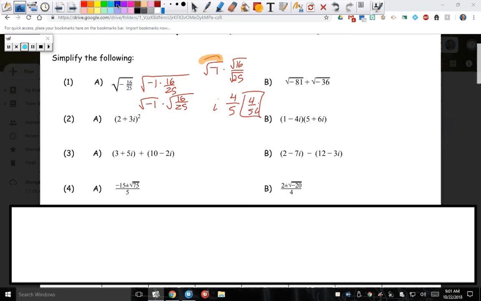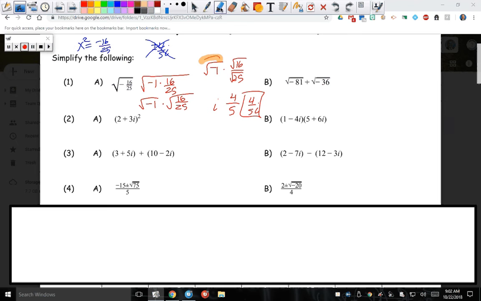Now please do not confuse the plus or minus answers. So this is not a plus or minus 4/5 i, because the problem didn't originally say something that looked like this: x squared is equal to negative 16 over 25.